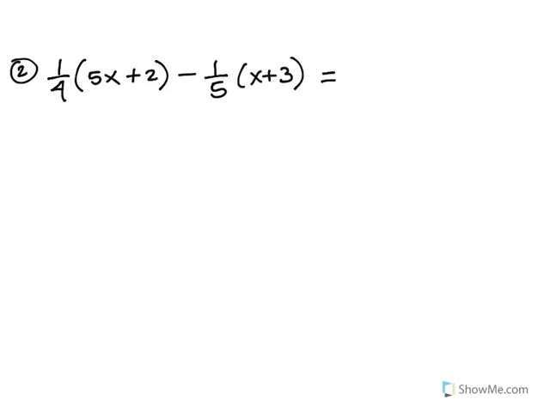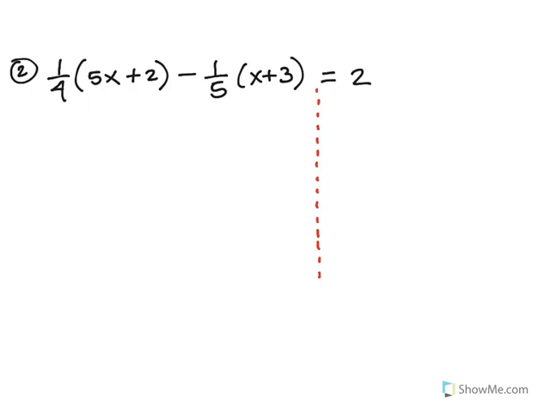Second one I will work is like number 2, which is 1/4 times 5x plus 2 in parentheses minus 1/5 times x plus 3 equals 2. And it is a linear equation as well, but this one has fractions.